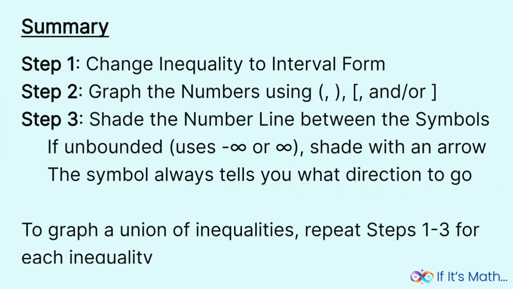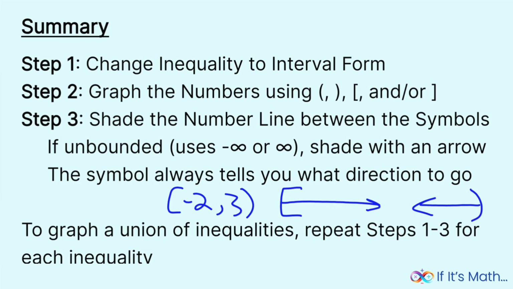And so what I mean by that is when you have negative 2 to 3, when you graph that on the number line, it contains what you're going to shade. So you're always going to shade in that direction. Or if you have parentheses that way, you're always going to shade in that direction. So your symbols contain whatever you're going to be shading.